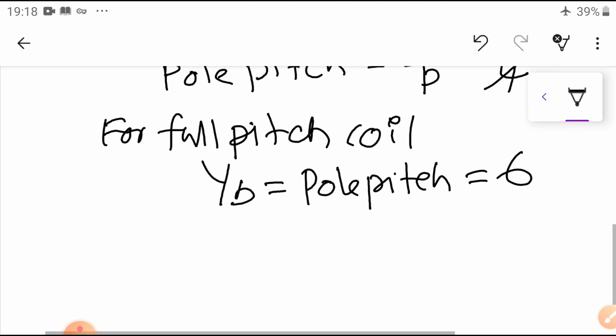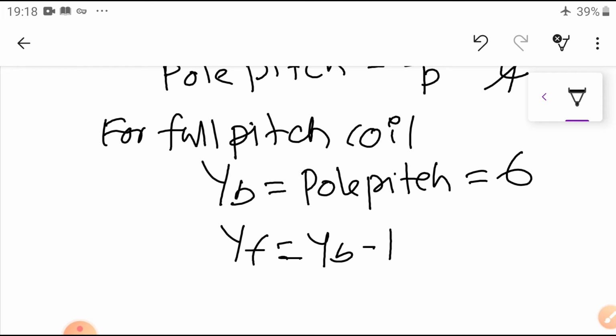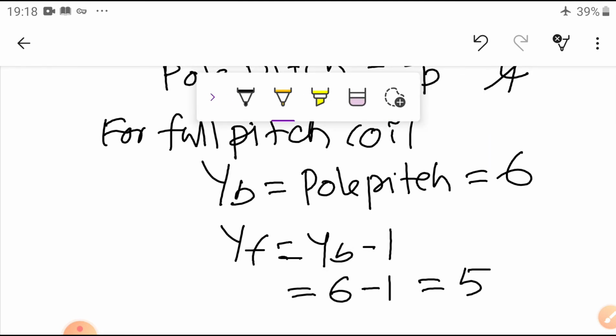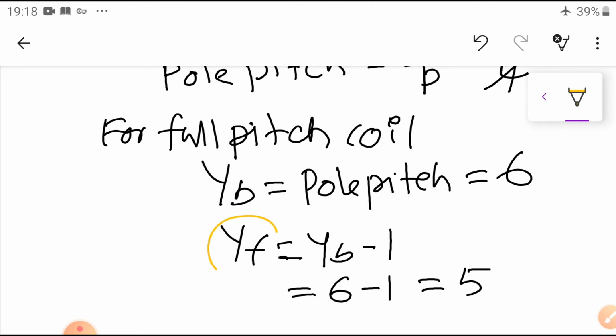Now, if we know the back pitch, we can find the front pitch YF. YF is equal to YB minus 1, so YF is 6 minus 1, which is 5. So I know the front pitch and the back pitch.